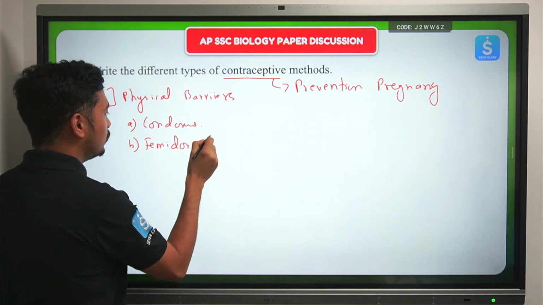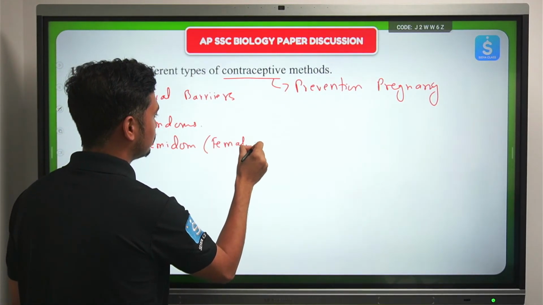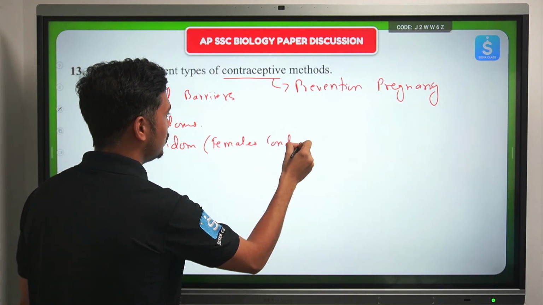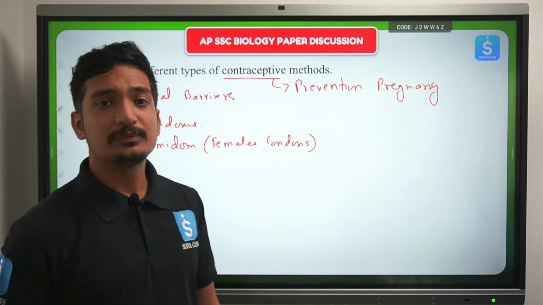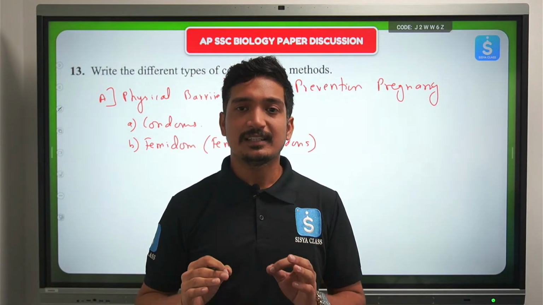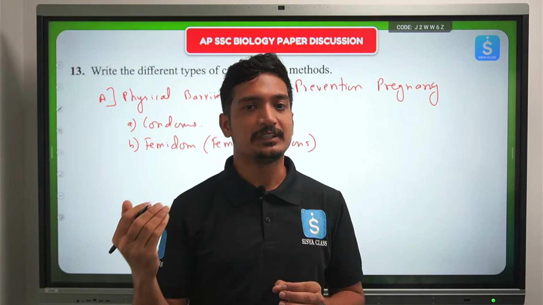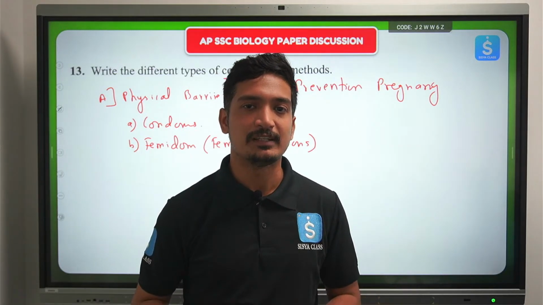Femidomes are also called female condoms, so if you write femidomes or female condoms, both are the same thing. Female condoms are used inside the vaginal opening, and they prevent the sperms released by the penis from fertilizing the egg.